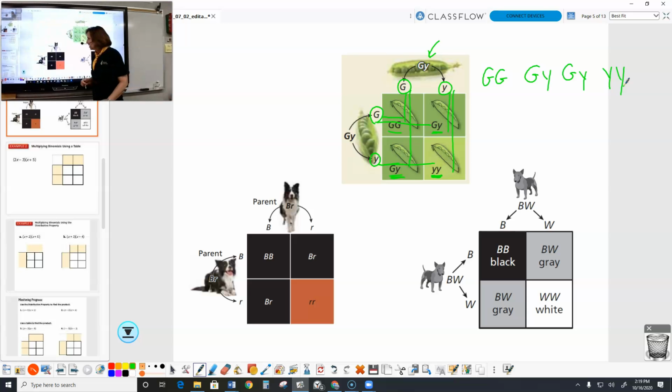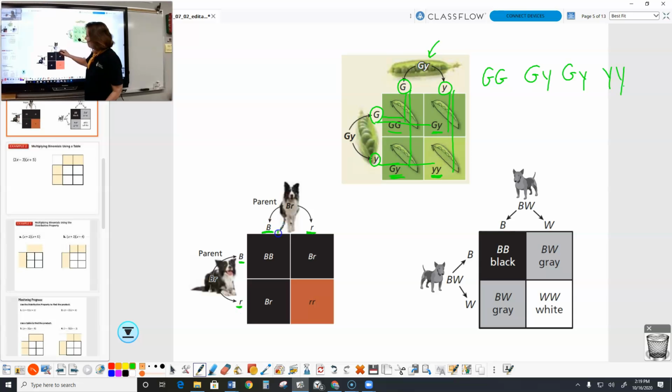Let's take a look at these dogs, okay? So the dogs could have black patches or red patches. Now, both of these dogs have black patches, but their genetics show big B, little r. Big B, little r.